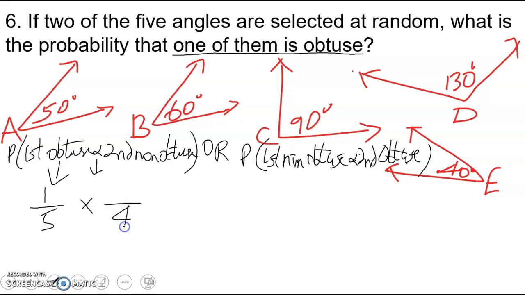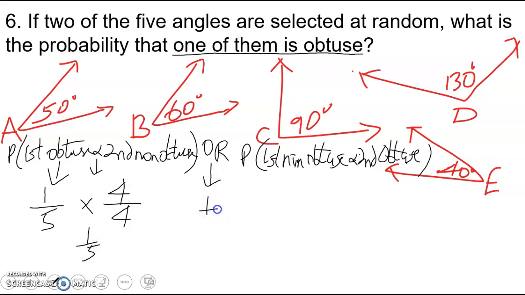So the number is going to be reduced. Now, out of those 4, how many are non-obtuse? Well, all the rest, because I have only one obtuse, so that is gone. So all the 4 that are left are non-obtuse. So either one of them could be picked. So that's 4 out of 4, which simplifies to 1. So we end up having 1/5 on this side.